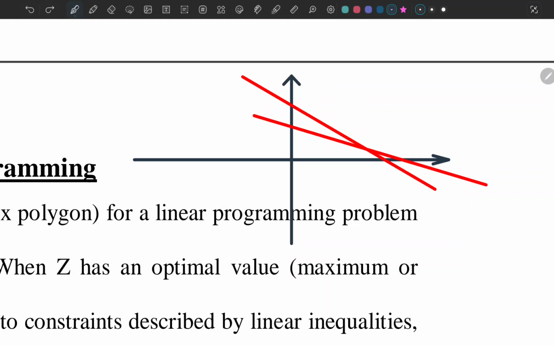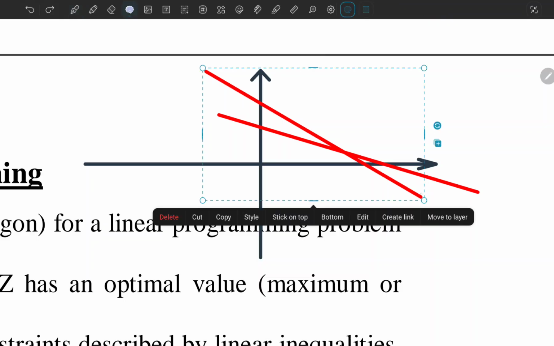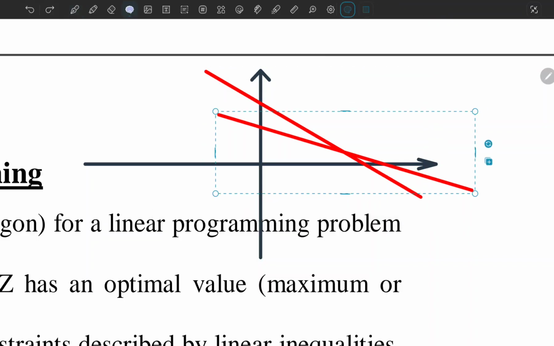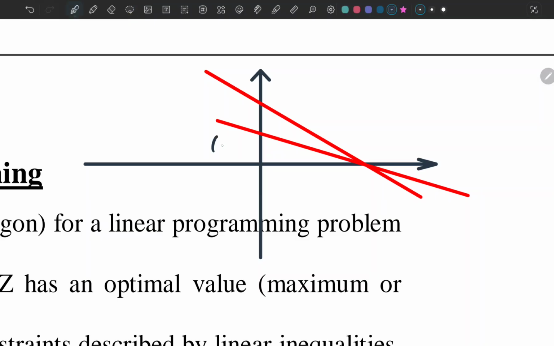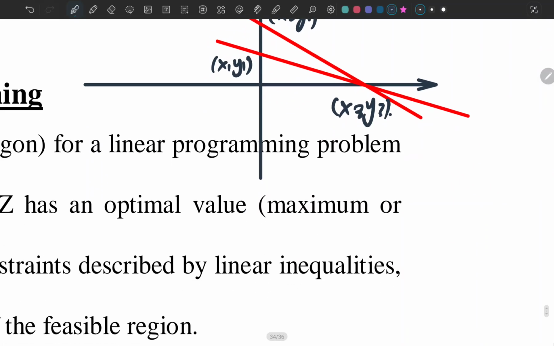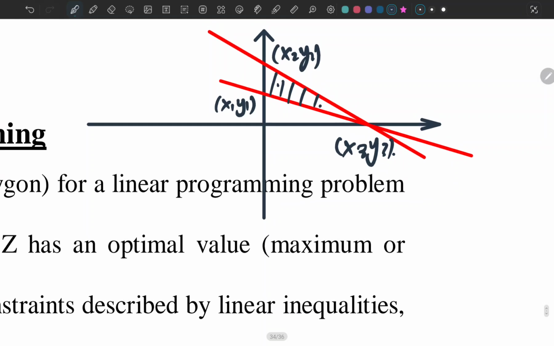So let's talk about only these two things. Let's say that this is x1 y1, this is x2 y2, and this is x3 y3. So I'm saying that this is your feasible region, right? Both the inequalities say that this is your feasible region.